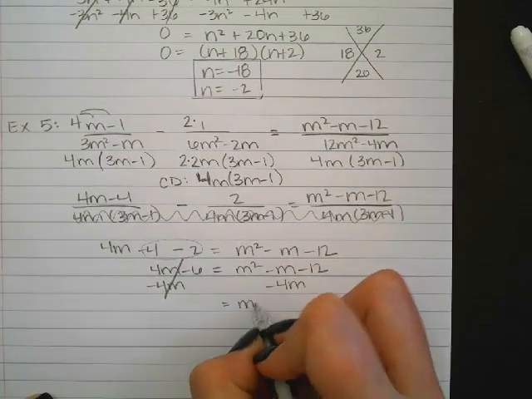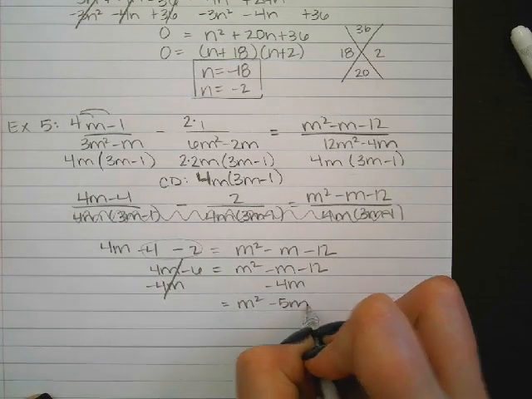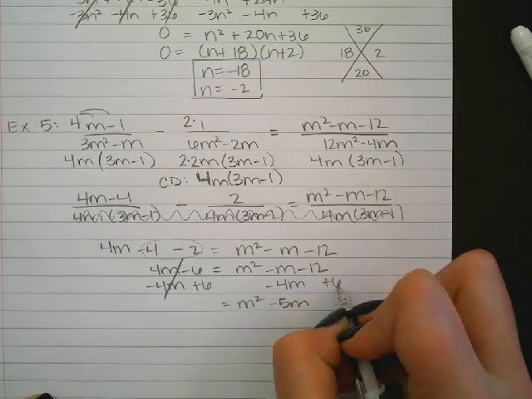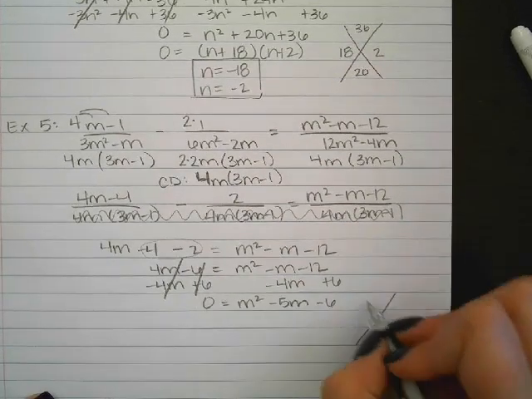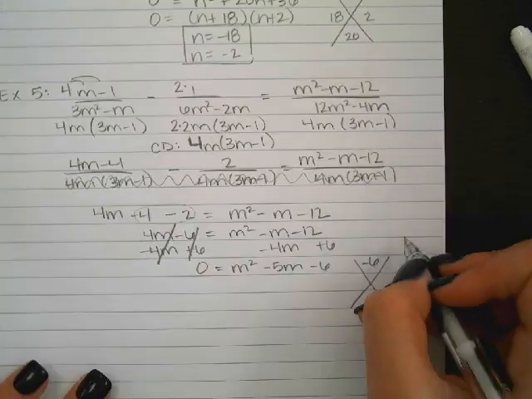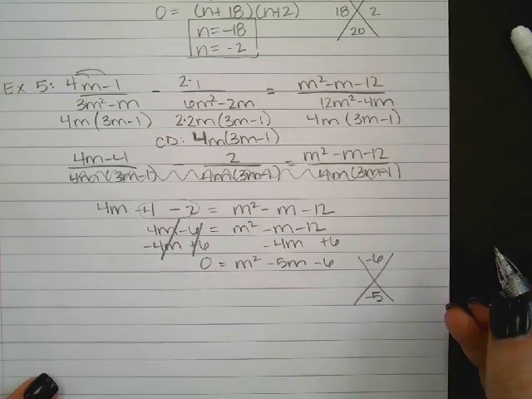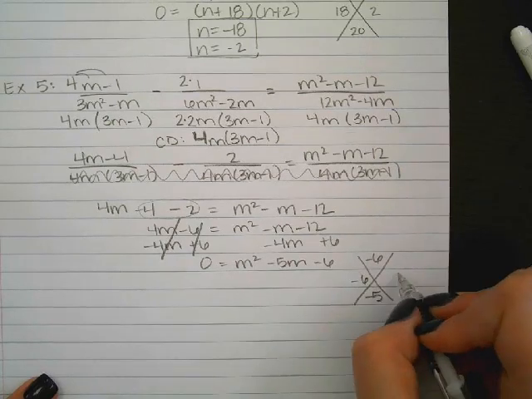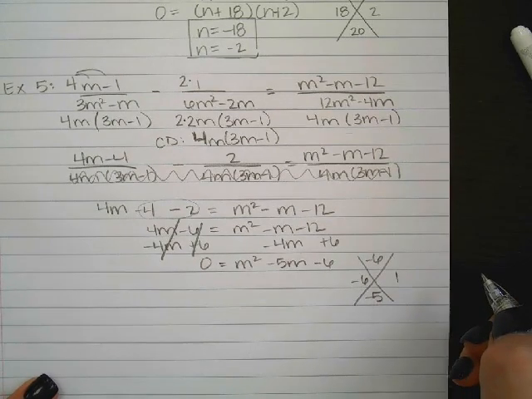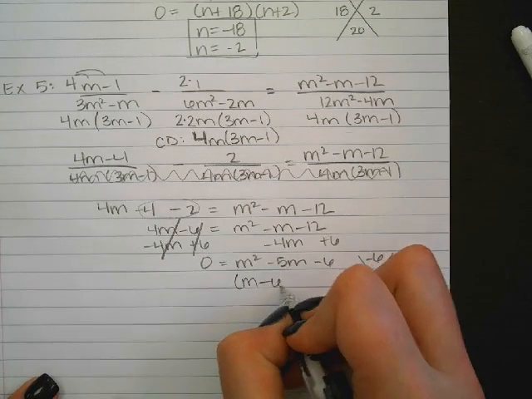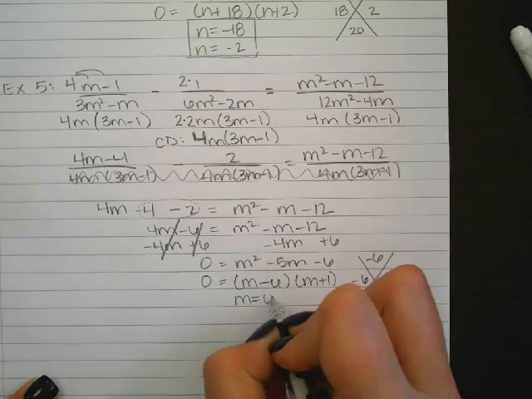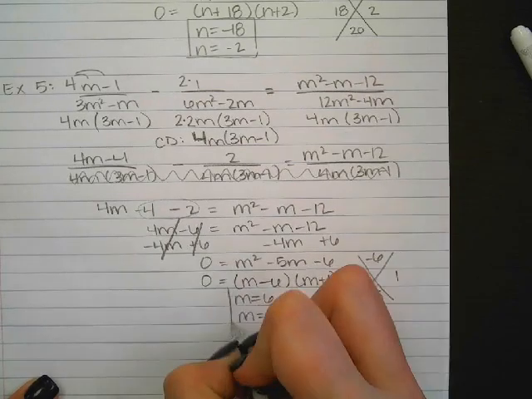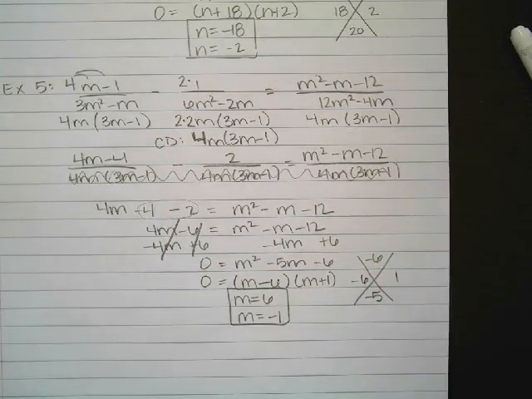So I've got m squared minus 5m minus 6. So I'm looking for two numbers that multiply to negative 6 but add to negative 5. And that'd be negative 6 and 1. So my two answers are positive 6 and negative 1.